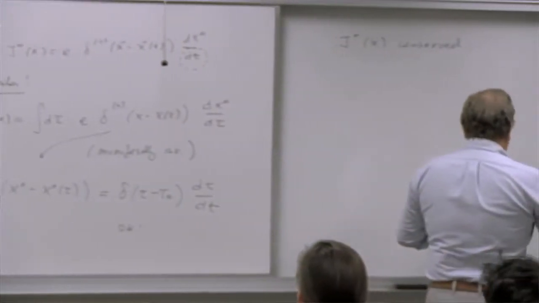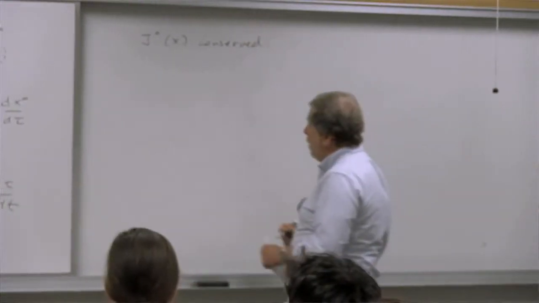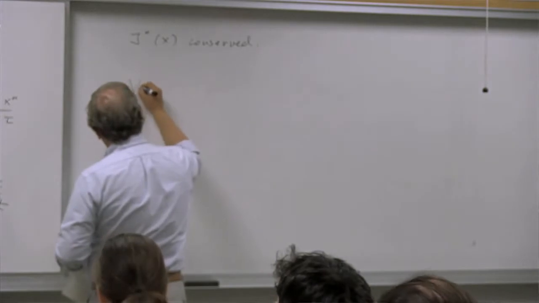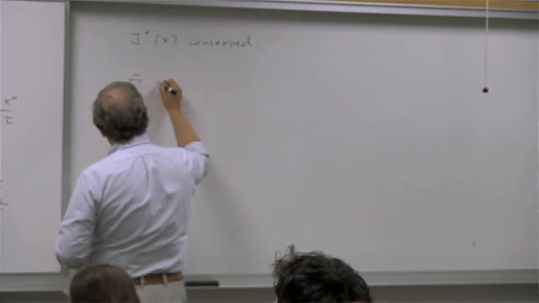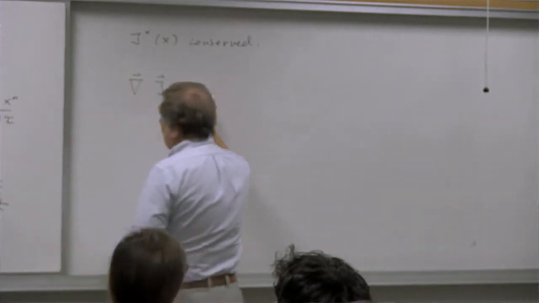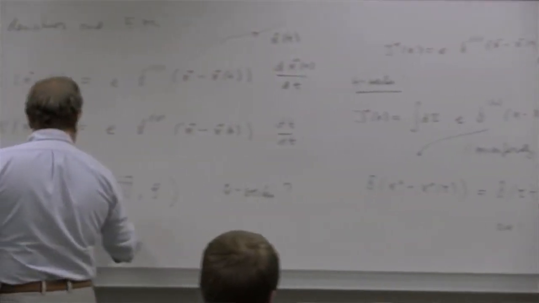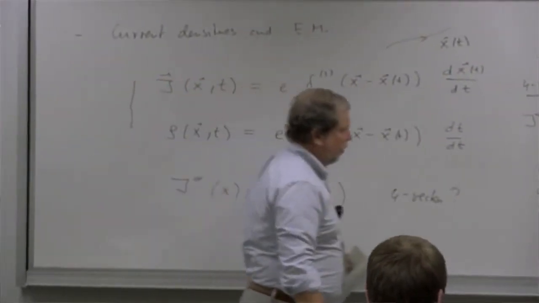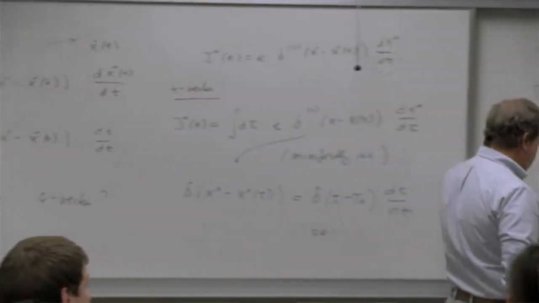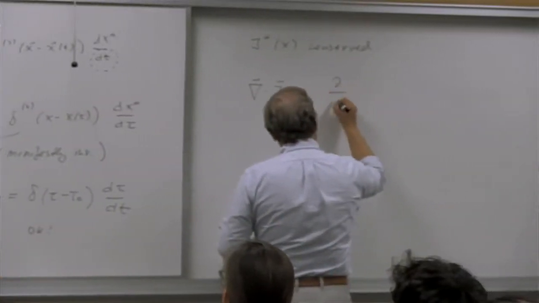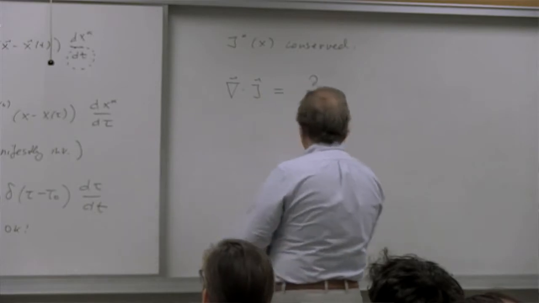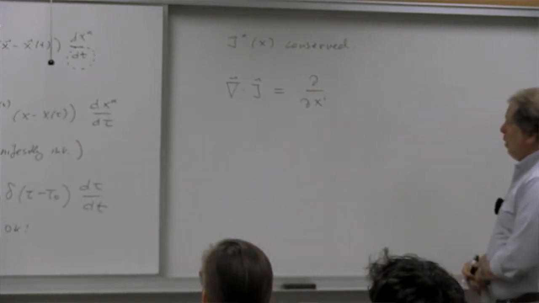So it is also conserved because what we can do is we take the divergence of J. Remember, J has these components. So this is a spatial part. So this is nothing but the derivative with respect to the ith coordinate of the Ji.